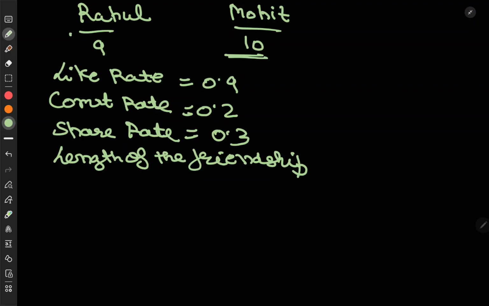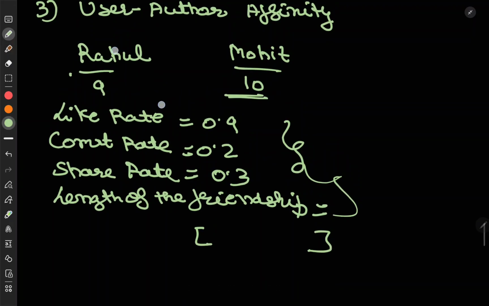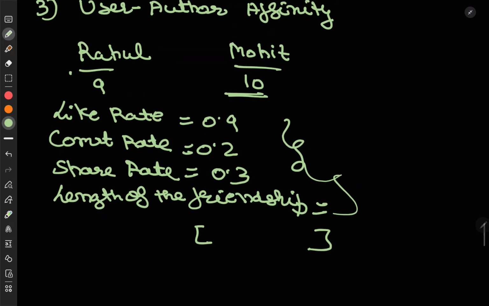And for the length of the friendship, we can use min-max normalization to represent it as a one-dimensional quantity. Once we concatenate all of them, these 4 things can be used to tell how close a particular user is to another user. So we have this data with us right now.